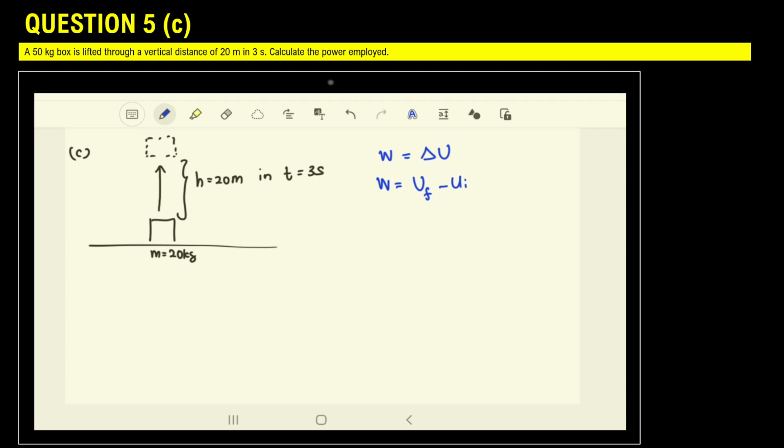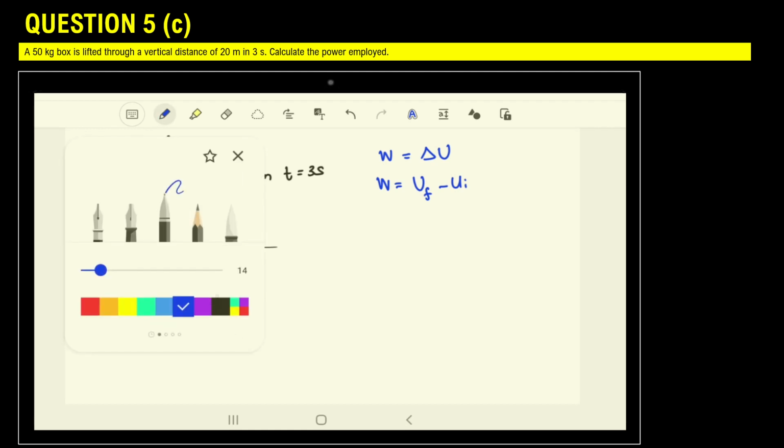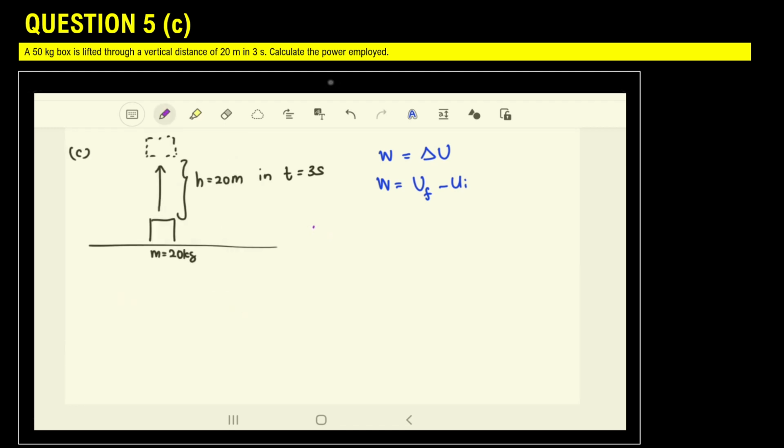But the question asks us to find the power employed. As we know, the equation of power is W over T. Since there is a change of height of the box, we can find the change of potential energy over T, which is mgh final minus mgh initial over time.